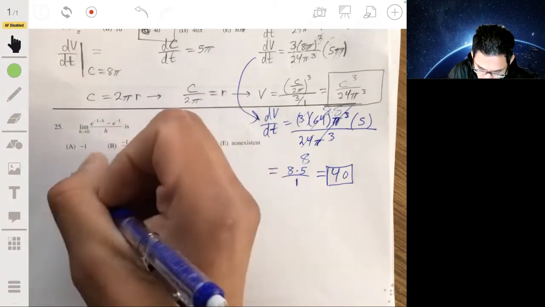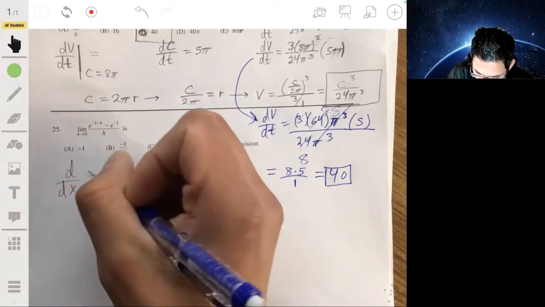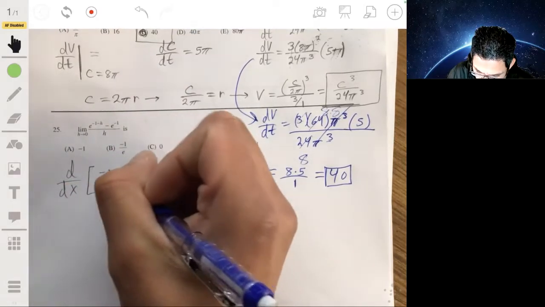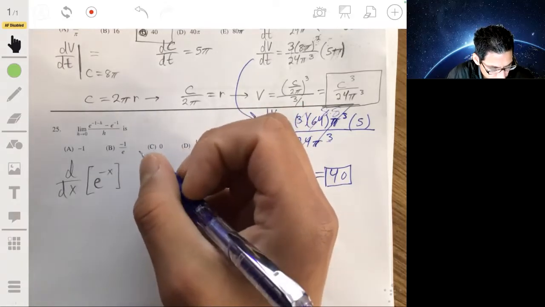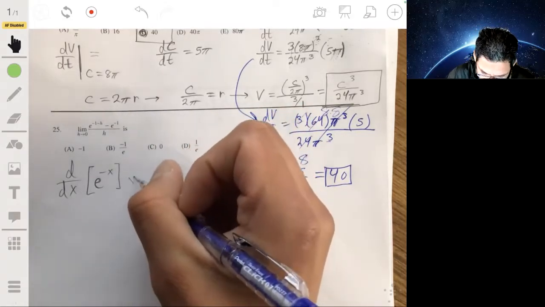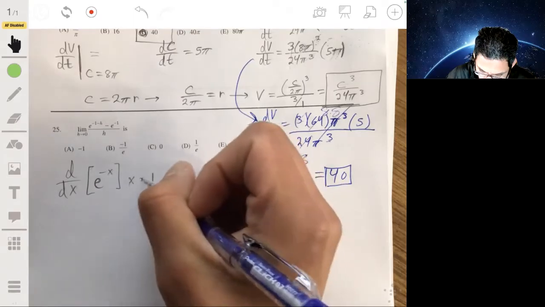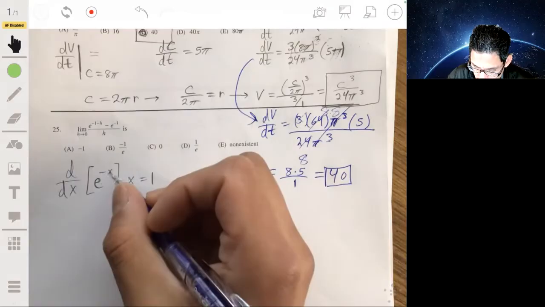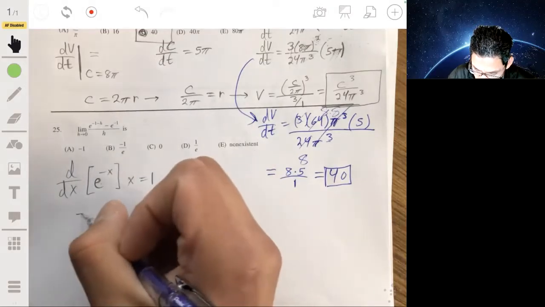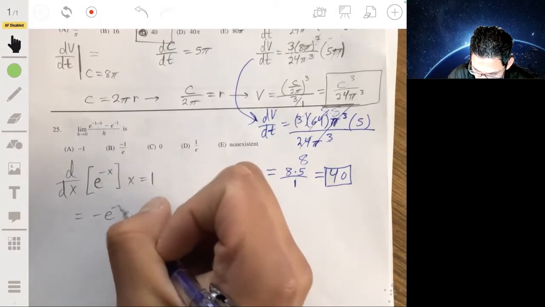So this is the derivative of e to the negative x, you could say, when x is 1. The derivative of e to the negative x is just going to be negative e to the negative x.